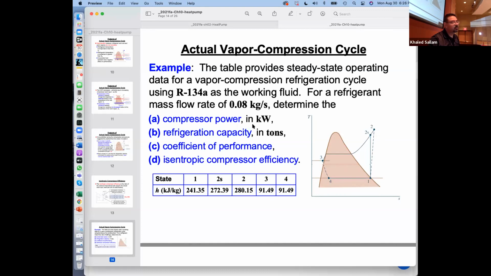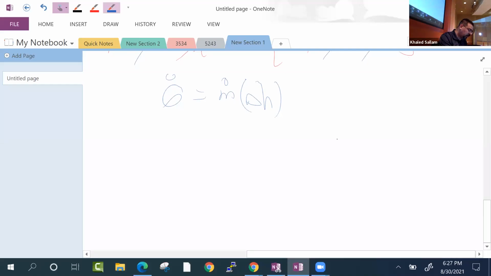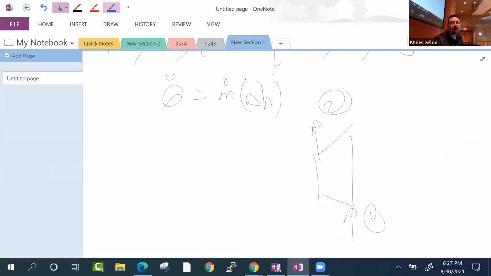compressor power. So when we do this, and we say H2 minus H1, that is called what?